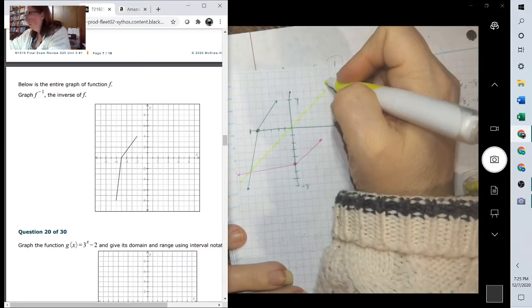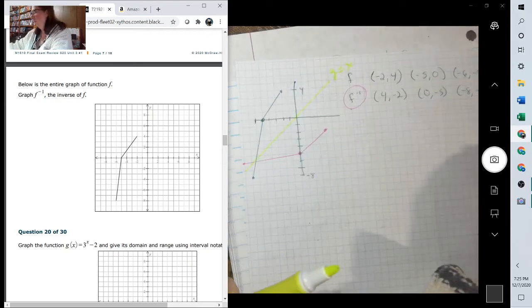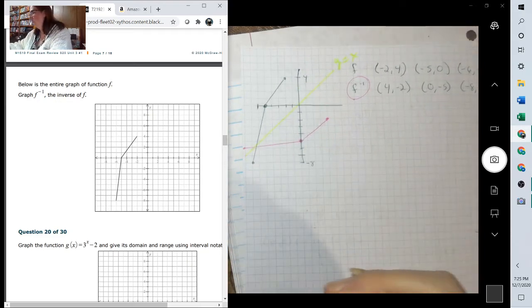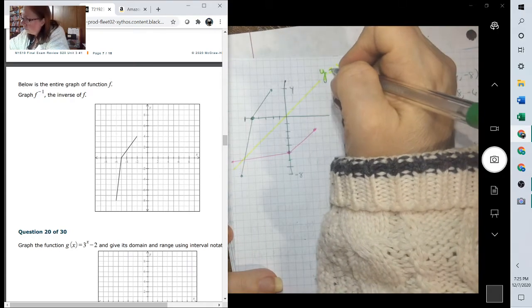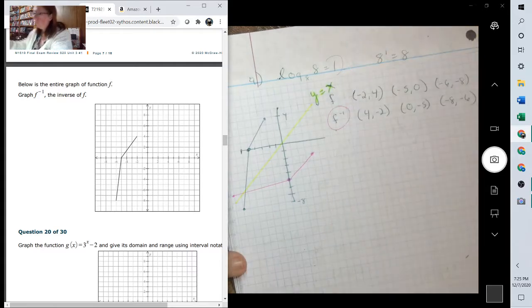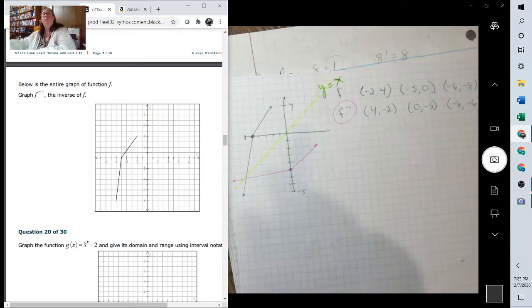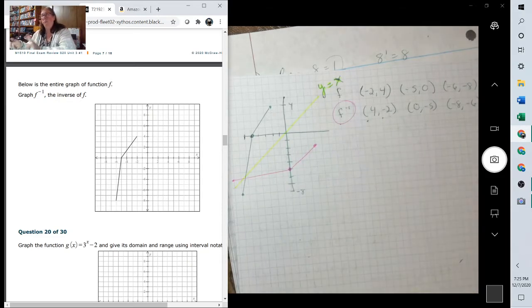This is the y equals x line. So it flips on that line. But all you have to do is take the points and then reverse them. Because the inverse, remember when we're finding it, we switch the x and the y.